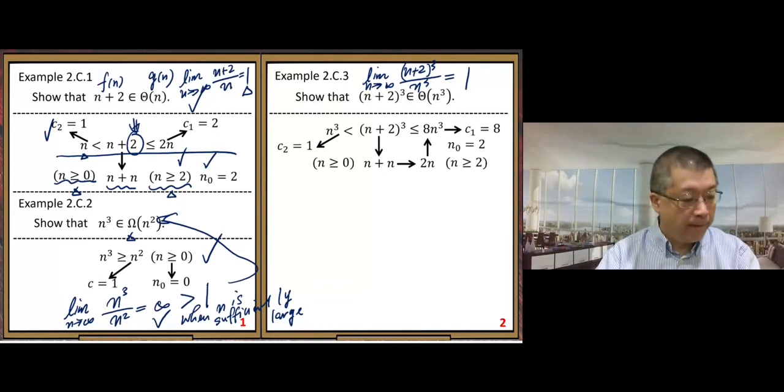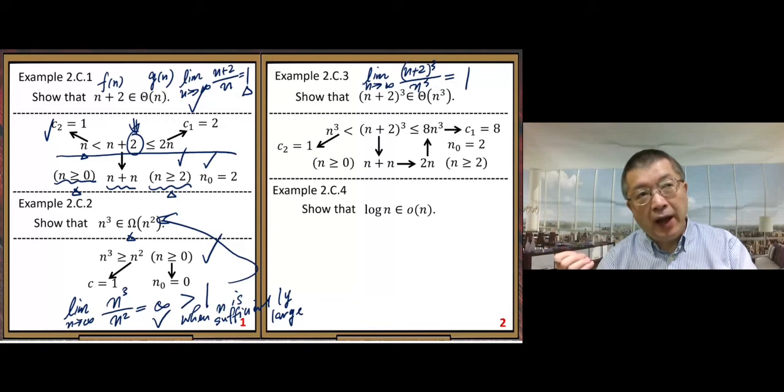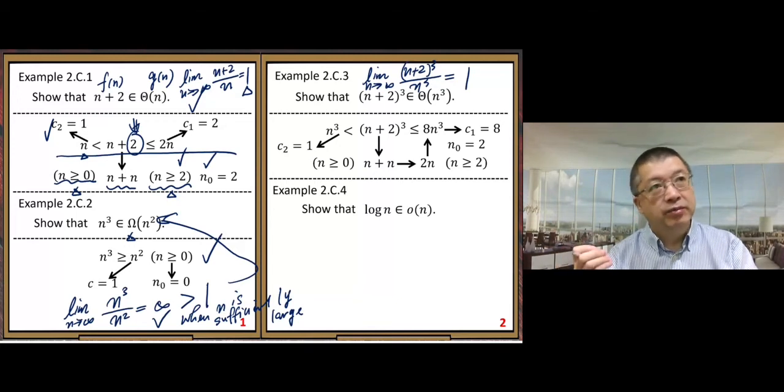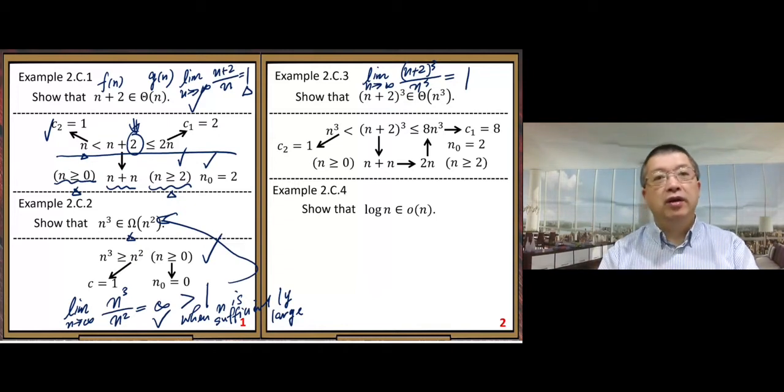Number 4, log of n belongs to little o of n. For this log, we can assume some suitable positive base, the base number greater than 1.